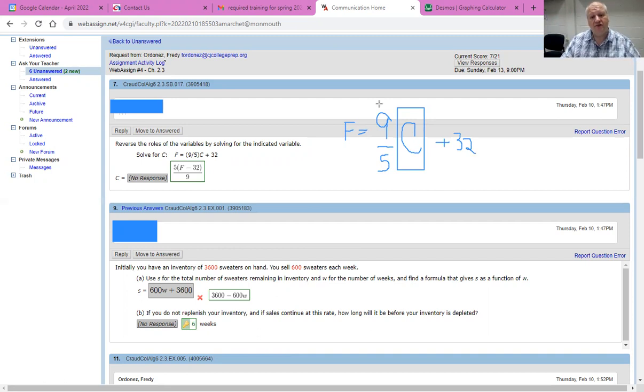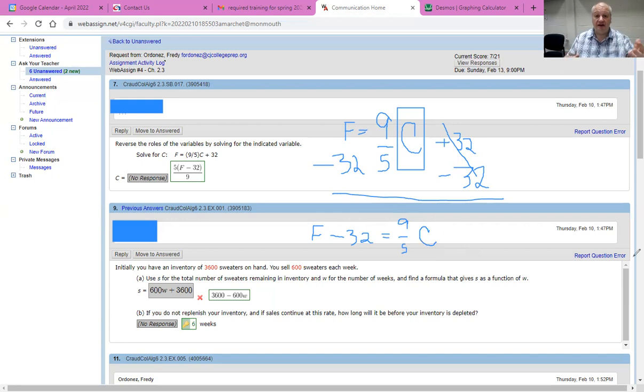If you get rid of the 32 first, like so, and please forgive my handwriting. I know it looks horrible, but I'm writing with a mouse here. These will cancel. And you're going to have on the left F minus 32, because you can't figure out F minus 32. So what's the answer to that? It's F minus 32 equals 9/5 C.